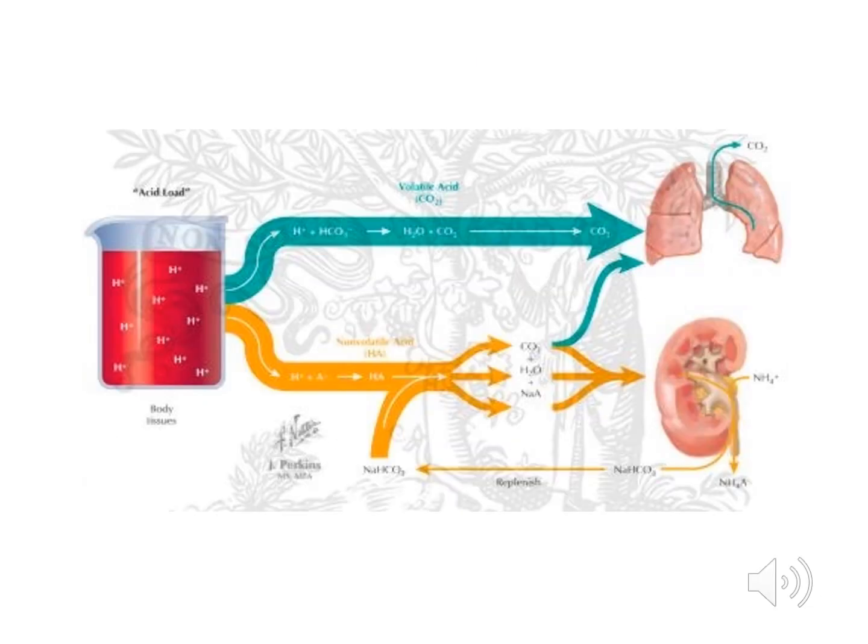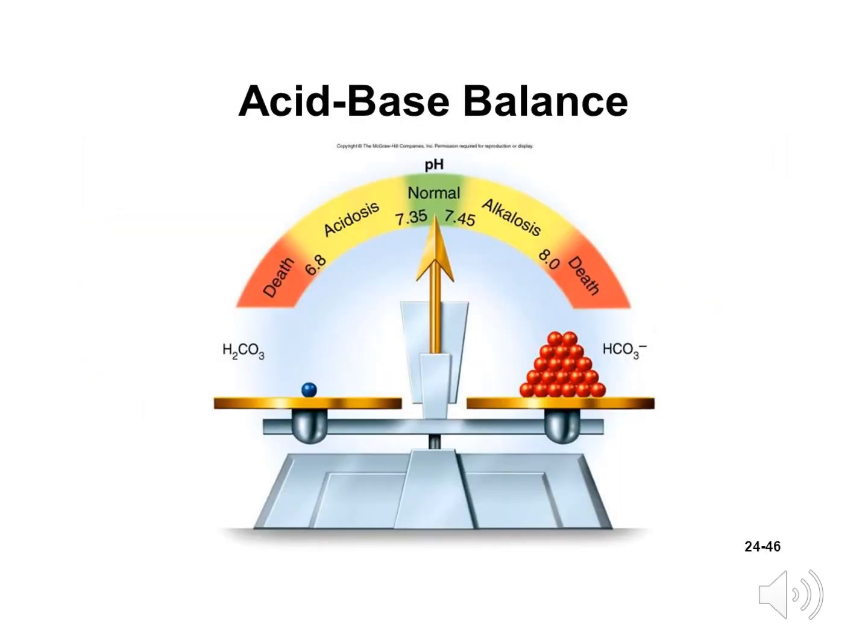All right, we're going to spend the rest of our time talking about acid-base balance and imbalance. Some general concepts, okay? In order for the body to function normally, the pH of the body fluids has to be within a fairly narrow range, somewhere between 7.35 and 7.45.